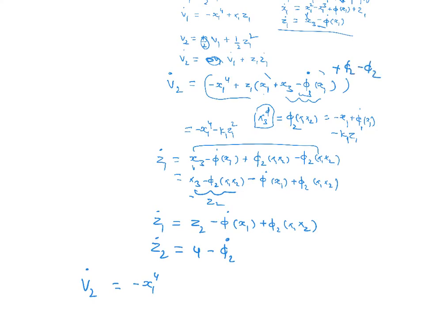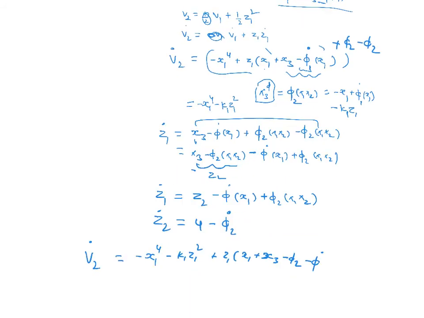So plus phi2 takes that to minus k1 z1 squared, and plus phi2 and minus phi2, basically, so plus z1 x1 x3 minus phi2 minus phi1 dot.